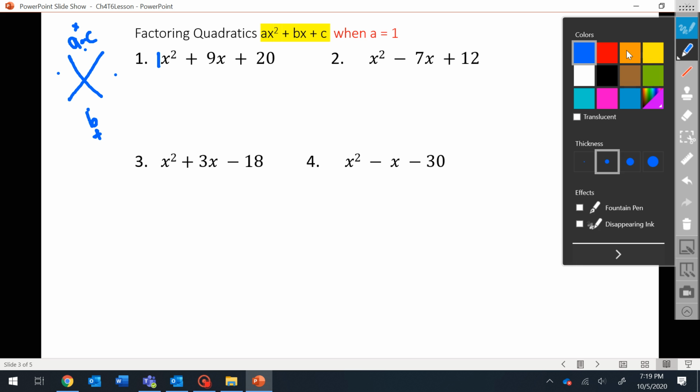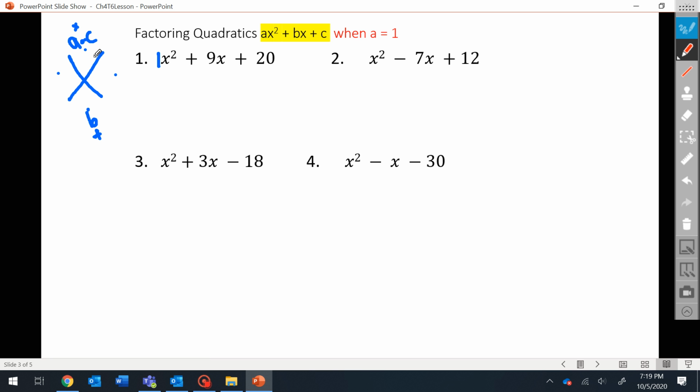So up top, a times c, that's 1 times 20, which is 20. The bottom is 9. The factors that multiply to 20 and add to 9 would be 5 and 4. 5 times 4 is 20, and 5 plus 4 is 9.